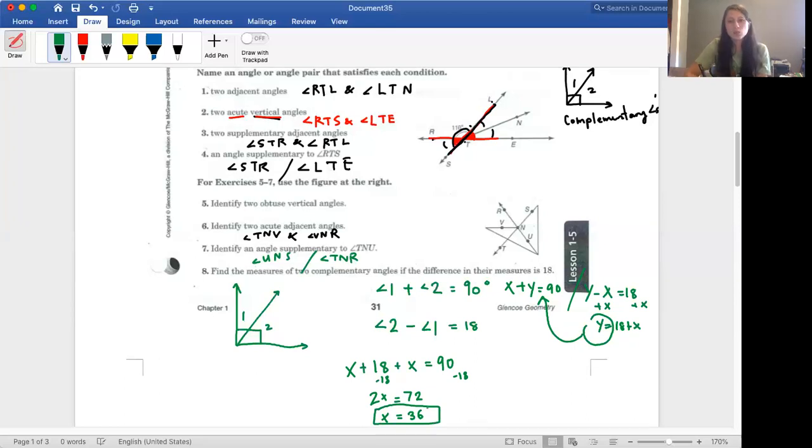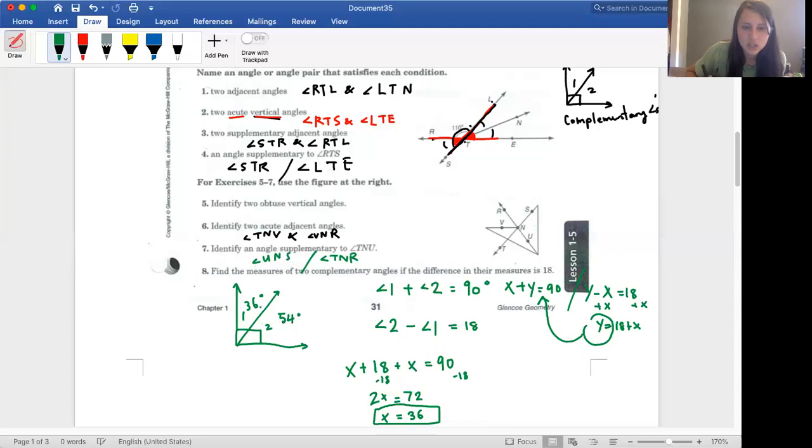And so if I knew one angle was 36, then the other angle would have to be 90 minus 36, right? And that would be 54. So angle 2 would have to be 54.